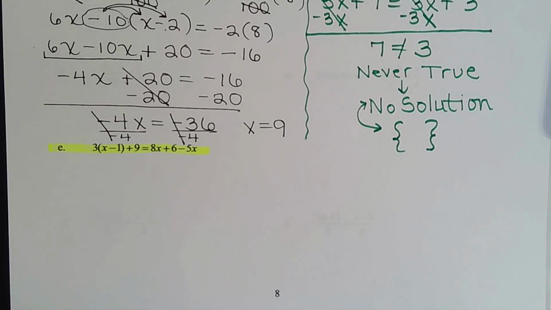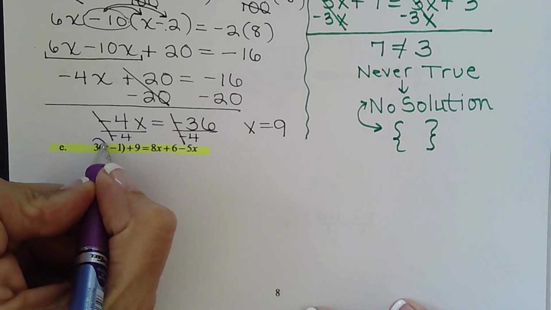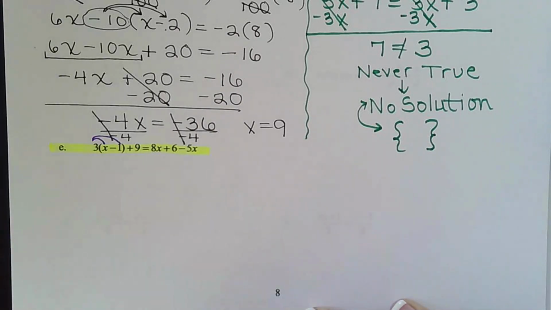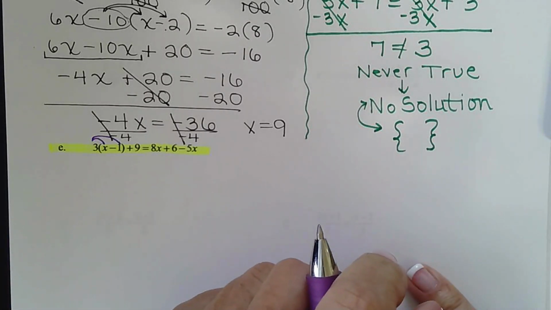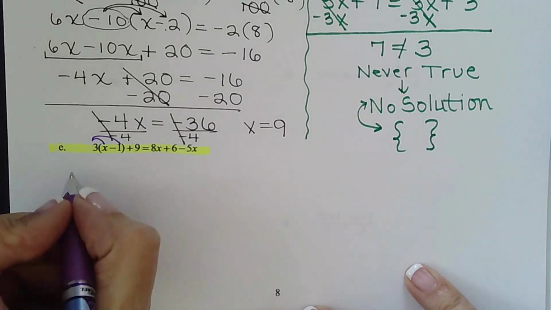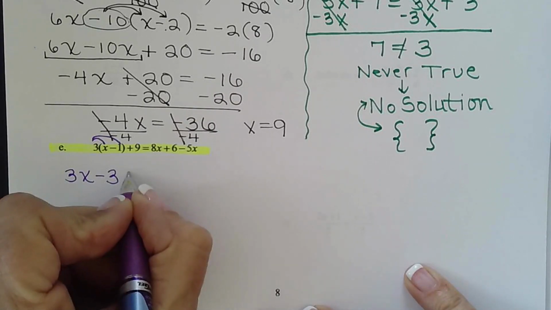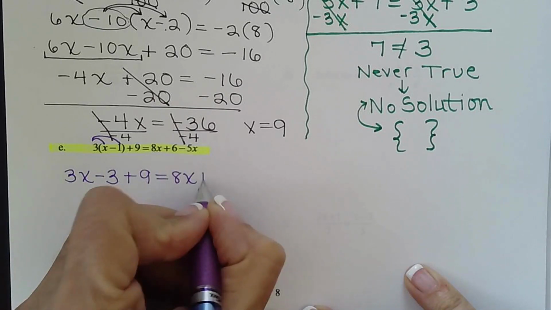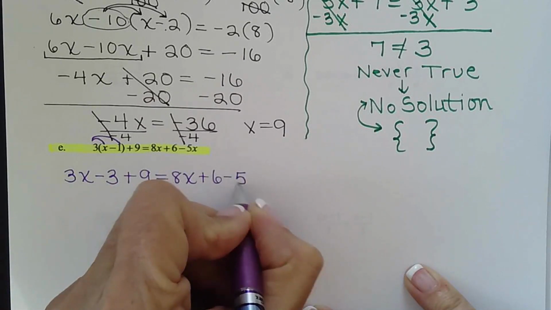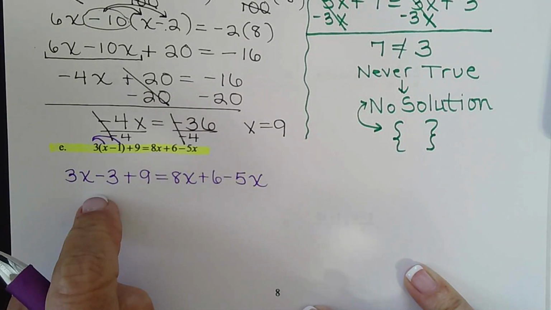Okay, let's do this. Last one for lesson 3, and we'll have 3 lessons down. Because there's no fractions, we immediately jump into first clearing parentheses, then combining like terms on each side. So 3x minus 3 plus 9 equals 8x plus 6 minus 5x. So parentheses are cleared.